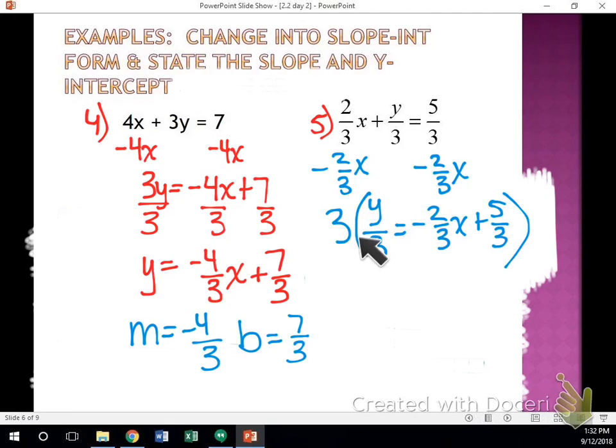It's going to cross out all over the place. So it cancels those 3's, it cancels the denominator here and there. All those denominators now are going to be gone. Every single piece got multiplied by 3. So we have y equals negative 2x plus 5.